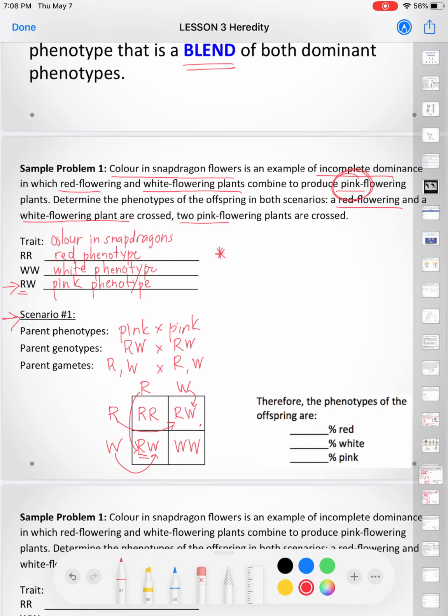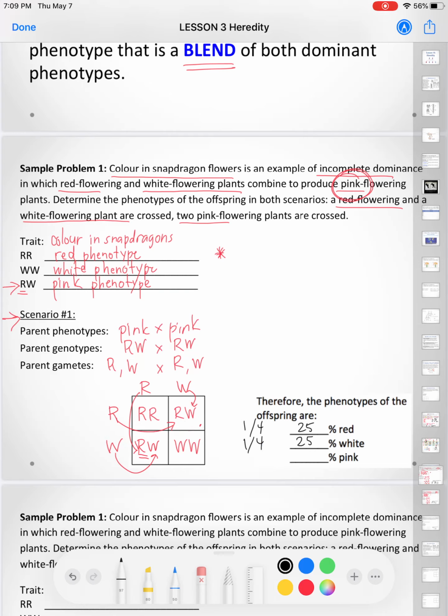Okay, so I can see here I have a red individual. So if I'm looking at this as a percentage where I have 4 options, that 1 out of 4 is really 25%. Are going to be red. And let's see, to be white, right here, 1 out of 4 are white, which is 25%.